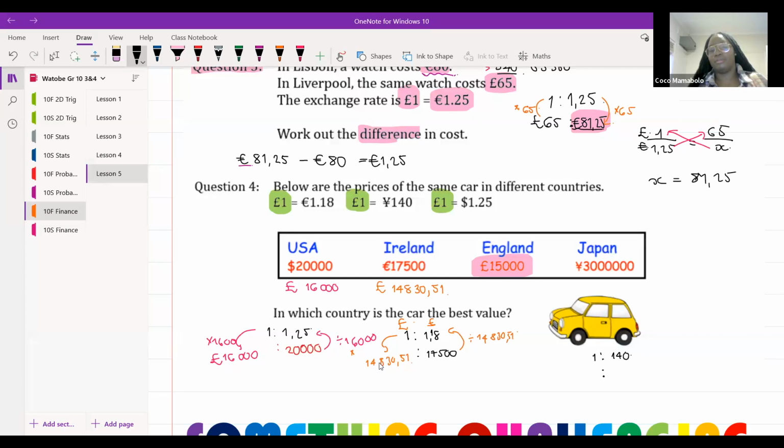So it's going to be 3 million yen, and so we divide the 3 million yen by 140 yen, and that's going to be 21,400 and 485 and, no wait, what? I'm reading it.